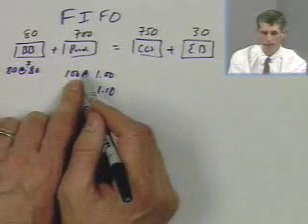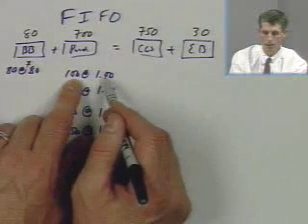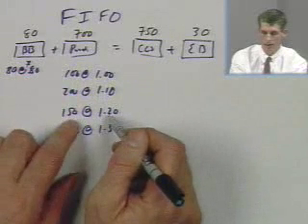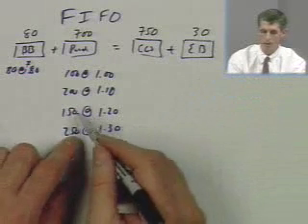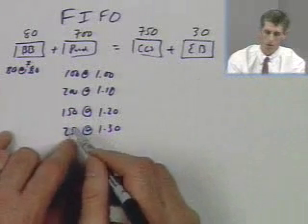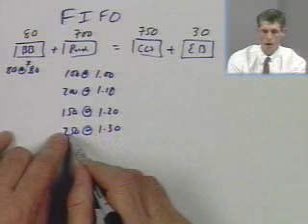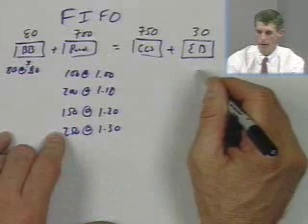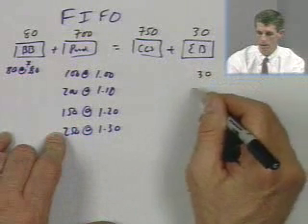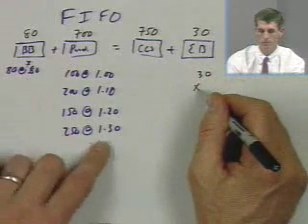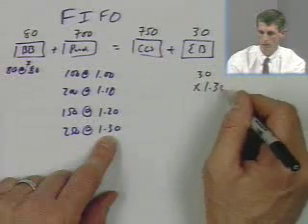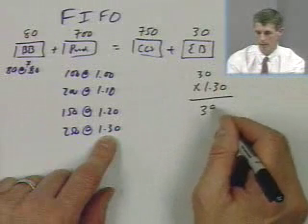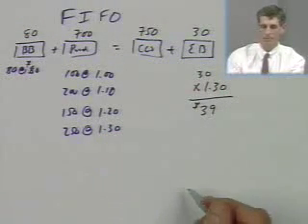The next one in from the first quarter was 100 at $1, then 200 at $1.10, then 150 at $1.20, and then since we have 30 left over, in cost of goods sold would go 220 at $1.30, and then the ending balance would be what? 30 units times what number? $1.30, right? For a total ending balance of, what's that, $39. Does that make sense, everybody?